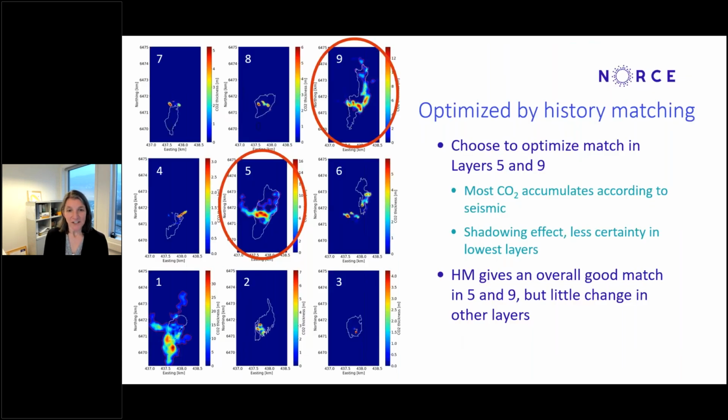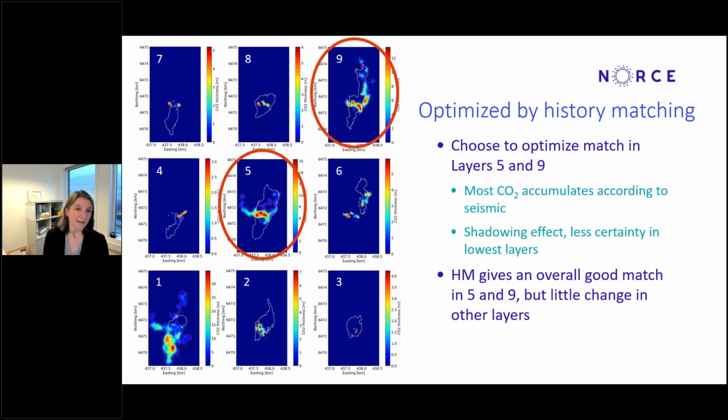So this is the optimization by history matching. Again, we made some choices to help speed up the process. We chose to optimize the match in layers 5 and 9, because most of the CO2 is accumulating there, and also you have the shadowing effect. There's more uncertainty in the lower layers, so we focused on those.